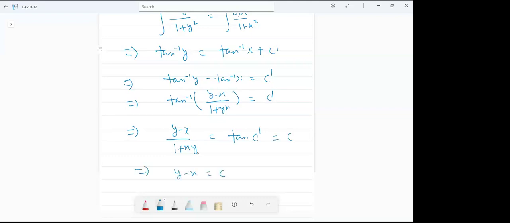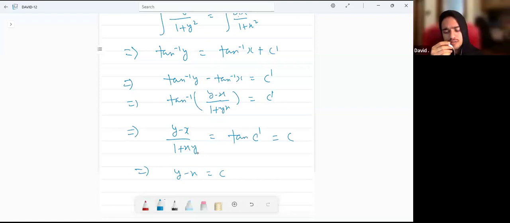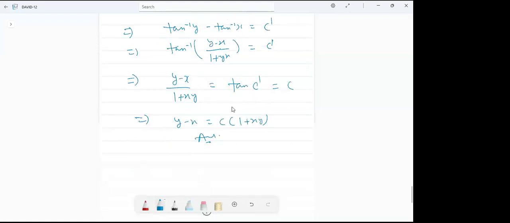It is an identity of inverse trigonometric functions.